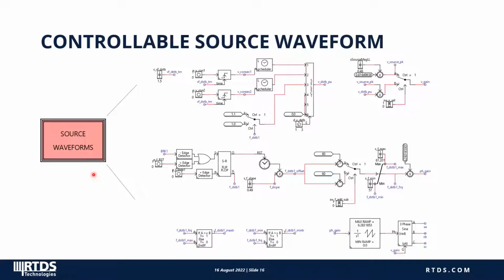This part is to create three-phase sinusoidal waveforms for the source component for validating the developed protection and control functions. So with all that, let's see how it really works in the simulation.